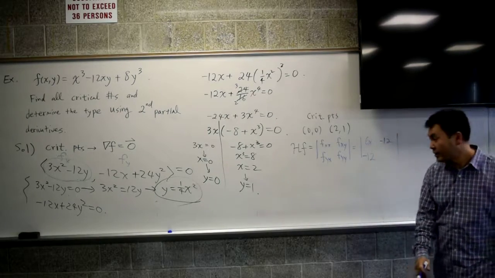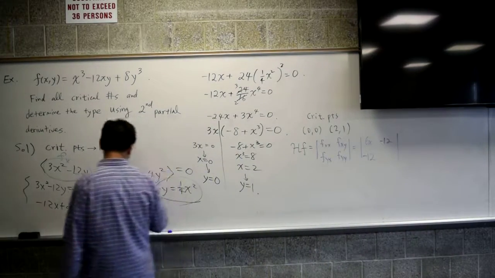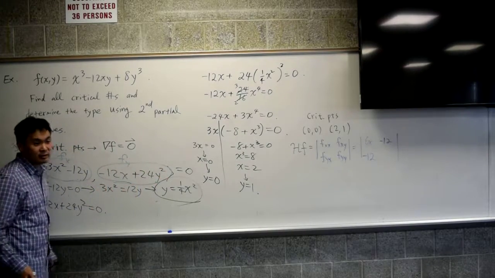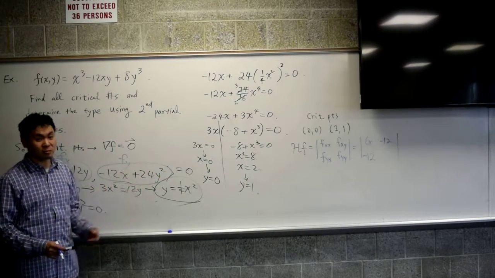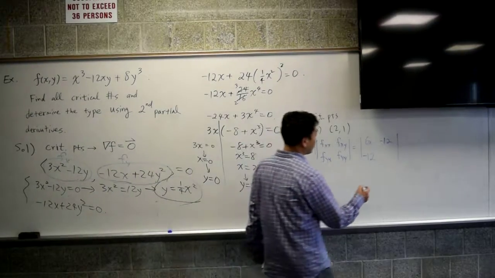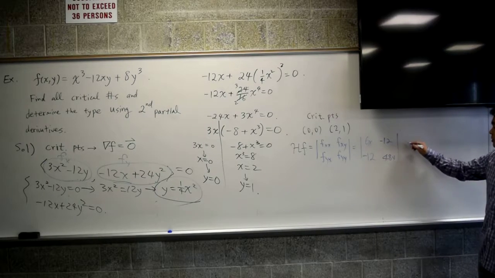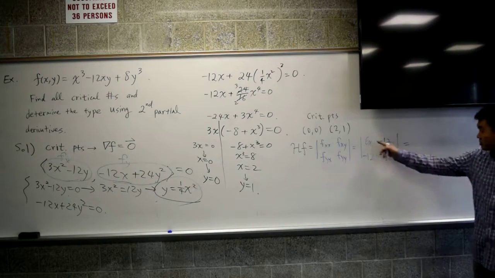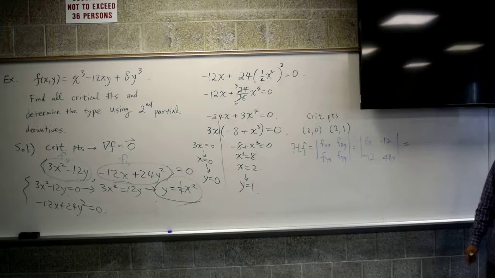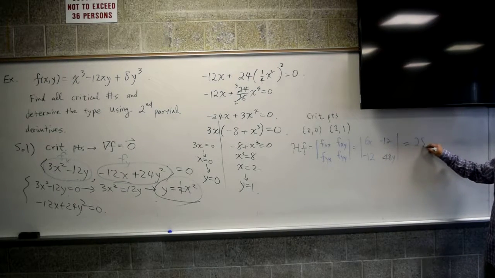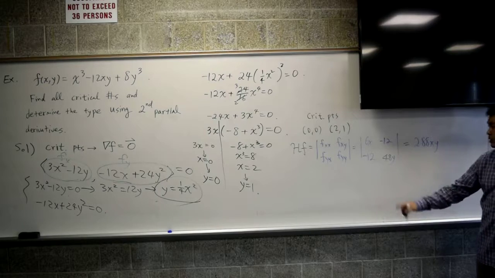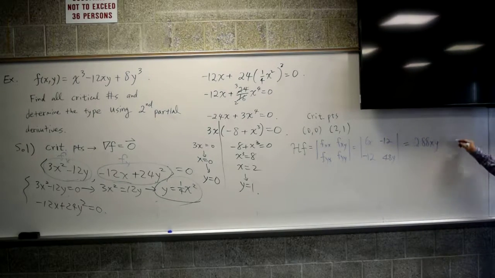And then fyy: if I differentiate this by y, you get 48y. Therefore, this is what you get. The determinant is 6 times 48, which is 288xy, minus 12 times 12, which is 144. So that's your Hessian.